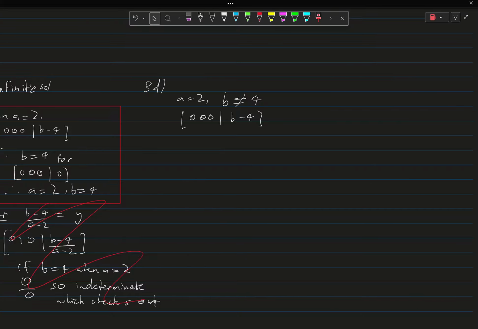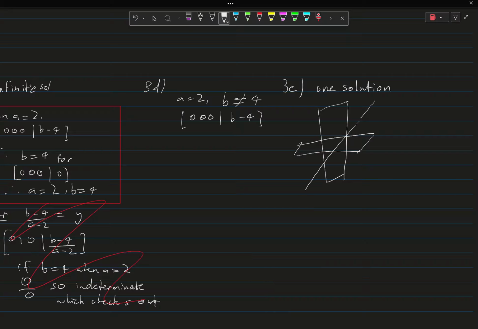So that's 3D, and then 3E. Okay, this should be chill. So with one solution, we have everything intersecting at the same place. Then we have maybe a diagonal one.